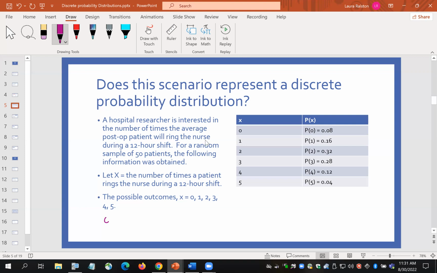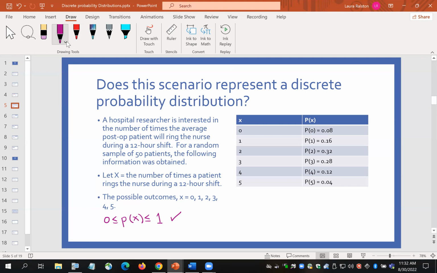First, we have to be sure that all of our probabilities are between 0 and 1. If I scan this list, they're all in decimal form, and they all appear to be between 0 and 1. I don't have any that are negative, and none of them are above 1. So I've met that requirement.